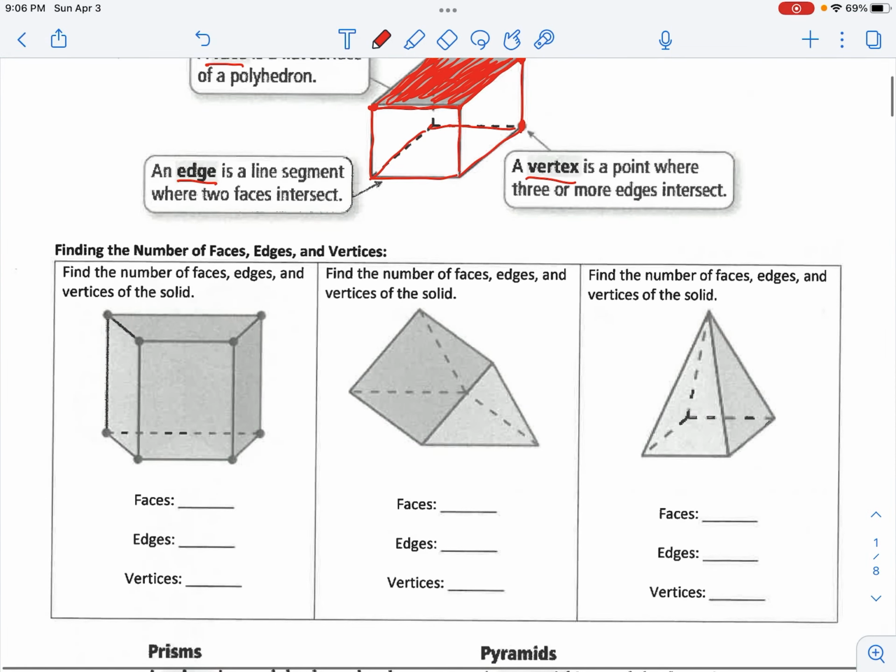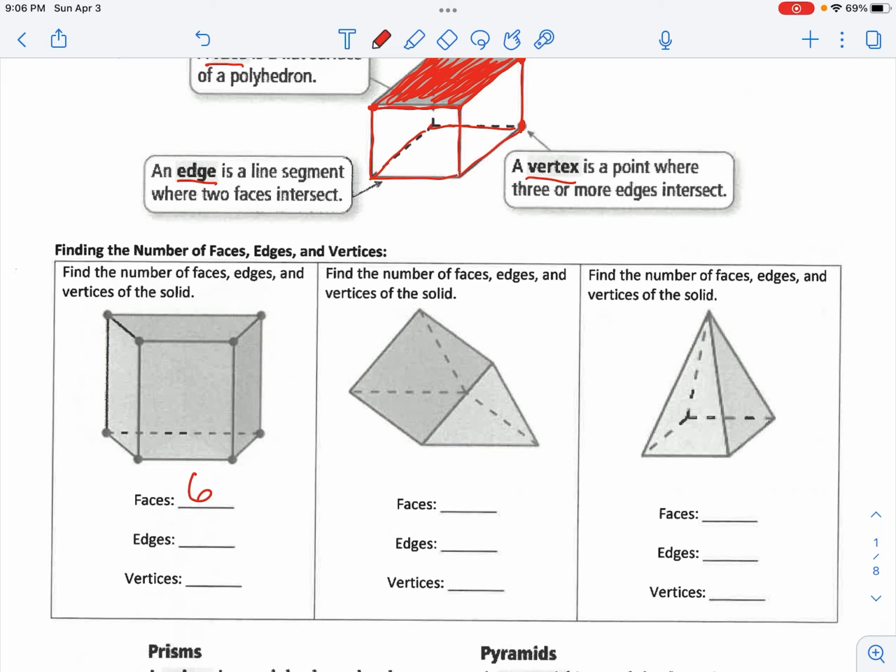So on this one, we have 1, 2, 3, 4, 5. But then even though we can't see it, there is one in the back, okay, which represents this one. Okay, so that would be 6. So there are 6 faces on this object.